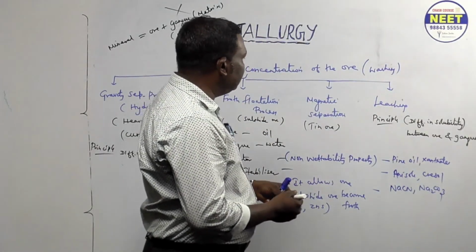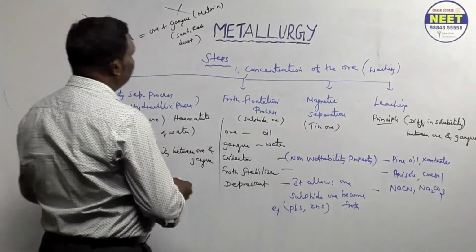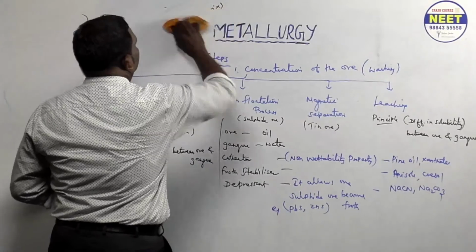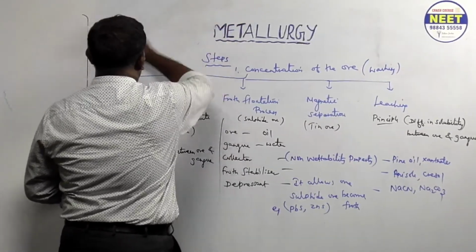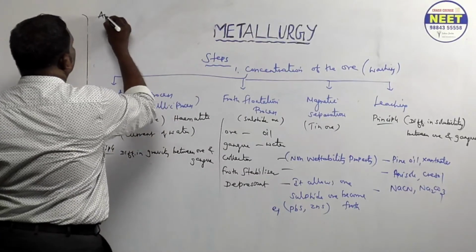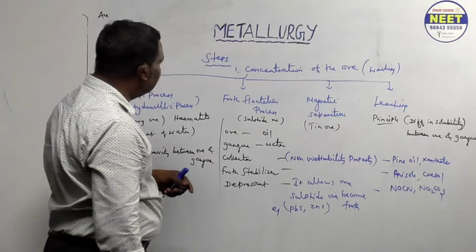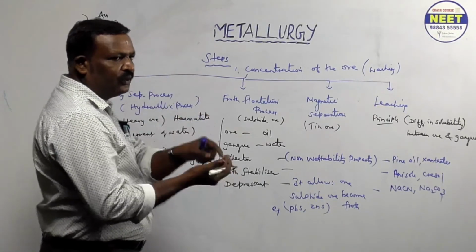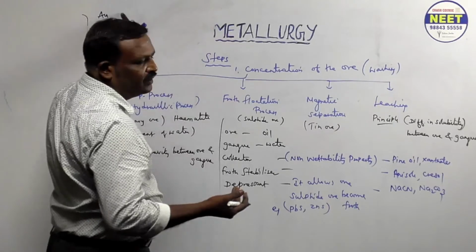The best one is that you take a native ore or combined state? Native ore. If you take gold, only gold is there. Along with gold, no other elements are there, only some gangue particles.